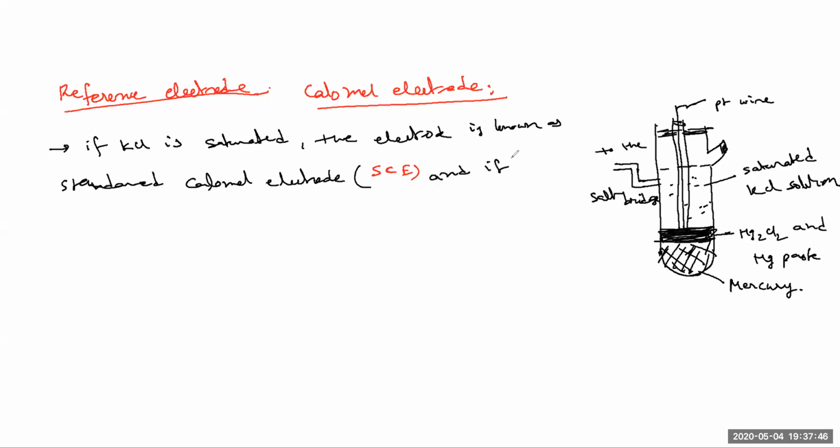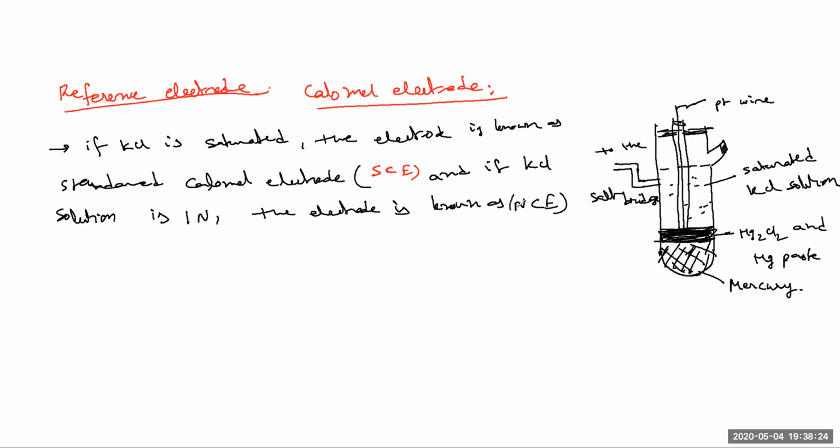And if the KCl solution is one normal, the electrode is known as the normal calomel electrode, NCE.